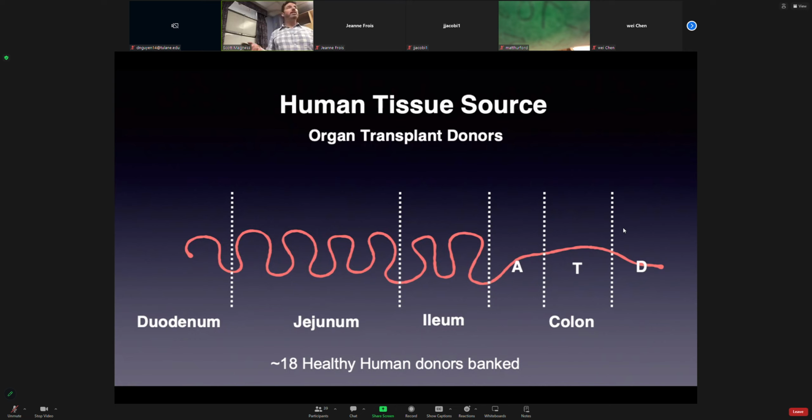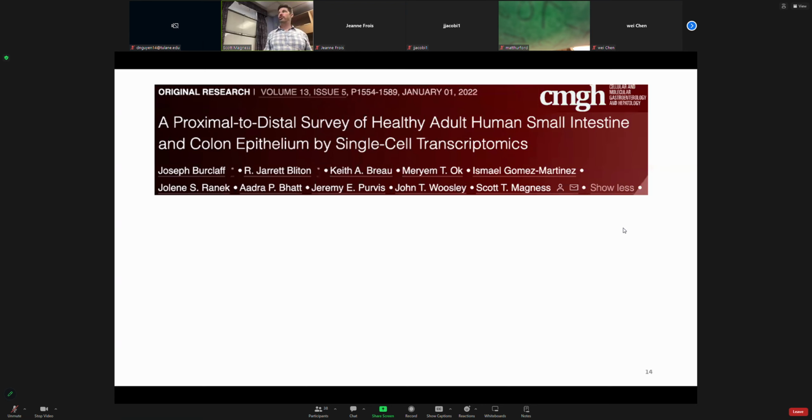And the nice part of this is, depending on what part of the intestine, proximal or distal axis, is doing some job, we can pick that out. So if we're interested in how fatty acids are being handled, we're going to pick something in this more proximal region to put the cells on our platforms. If we're interested in C. difficile infections that happen more in the colon, we would pick colonic stem cells and generate our tissue constructs from that.